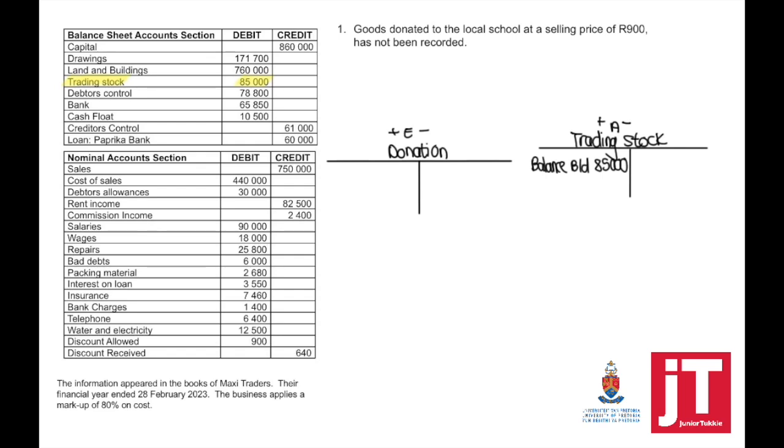So to show the goods that were donated, as mentioned earlier, we first need to work out what is the cost. So if the markup percentage was 80% on cost, it means we need to take times 100 divided by 180 to find the cost. Trading stock is going to be credited, account debited, donation. This will increase our expenses.